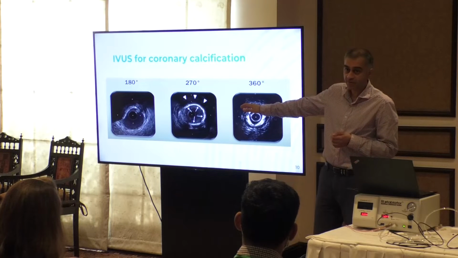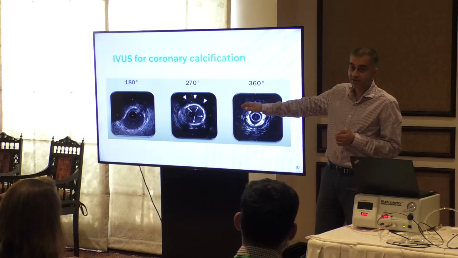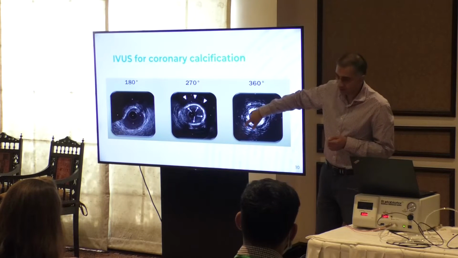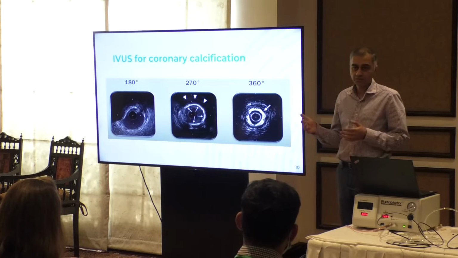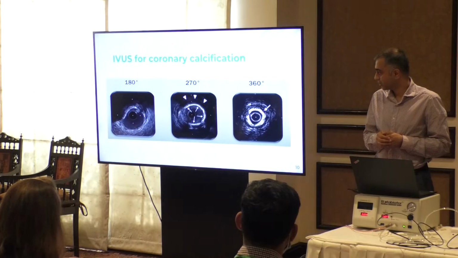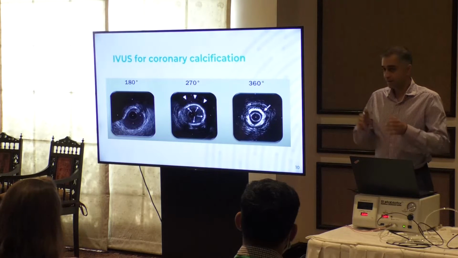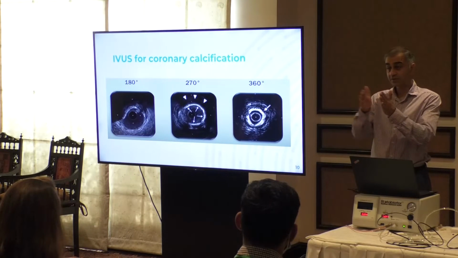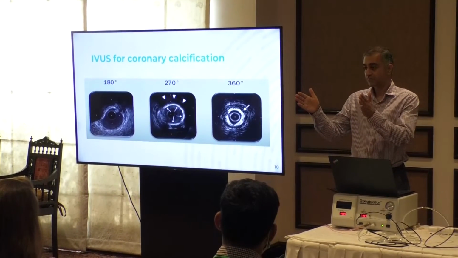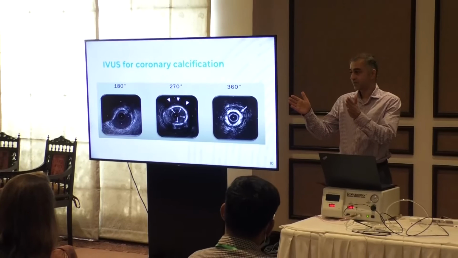If you don't see any reverberations, then it's probably thick calcium. So you're going to look at the amount of calcium, make a judgment on whether there's any reverberation artifact, and grade the calcium in that manner. And of course, the other thing that's important is the length of calcium. Anything above about 5 millimeters of length is considered significant.